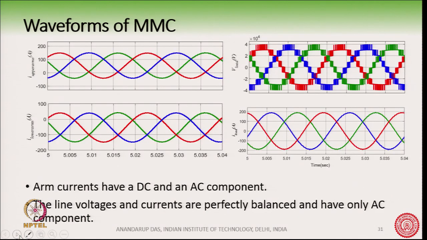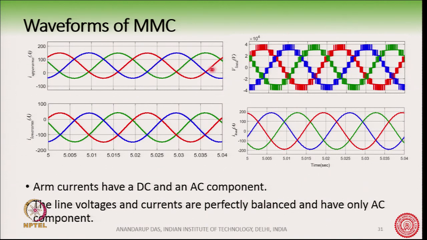And the arm currents. This is the upper arm current and this is the lower arm current, and this is the load current here. The load current is almost like a perfect sine wave, with no DC component, but the arm currents, both the upper arm and the lower arm, are shifted from 0. So, this means that there is a DC component here.